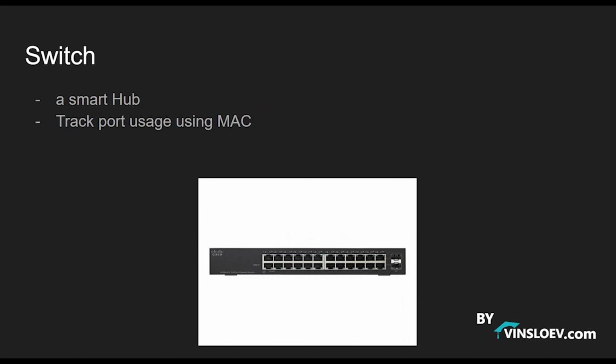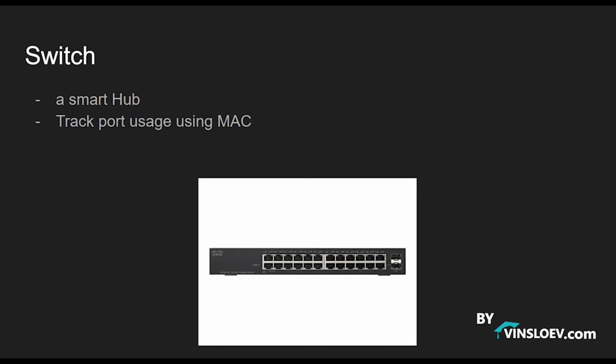Then we have a switch. This is typically called a smart hub because it does a bit more than a hub. This one keeps track of the different computers and devices connected to it. It does so by making a table of the MAC addresses. We have discussed MAC addresses in previous sections, and this is layer 2 in the OSI model.